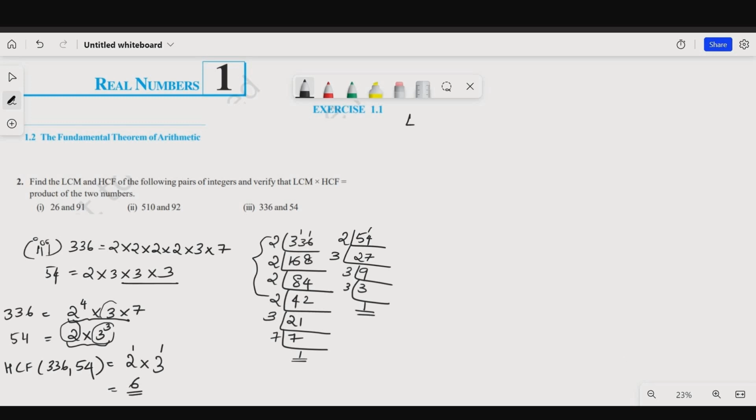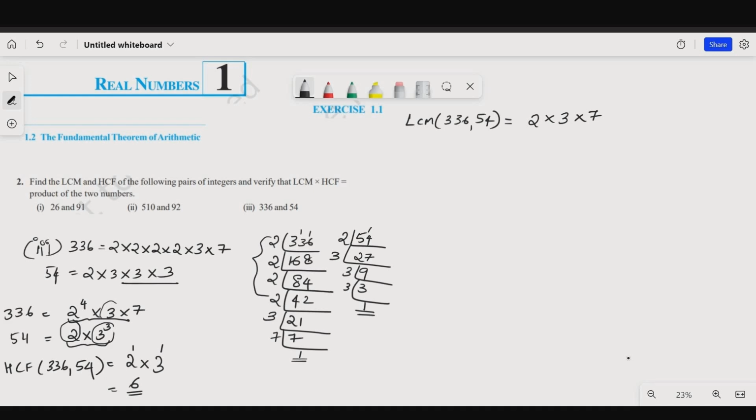Now let's find the LCM. LCM of 336, 54 is equal to, LCM means it's a product of the greatest power of each prime factor involved in the number. So the prime factors that are involved in the number 336 are 2, 3 and 7, and the prime factors involved in 54 are 2 and 3, which are already written.